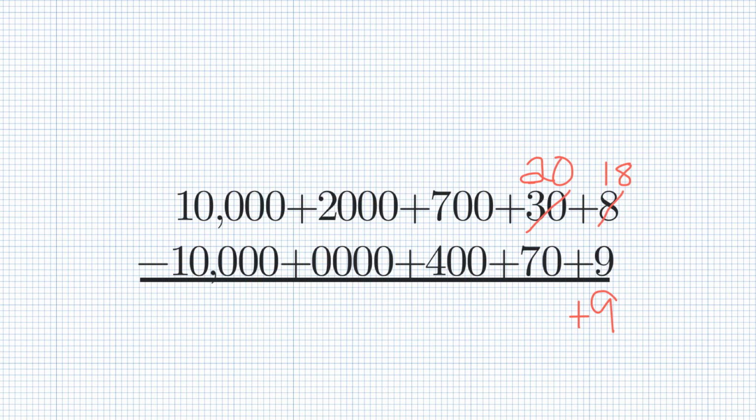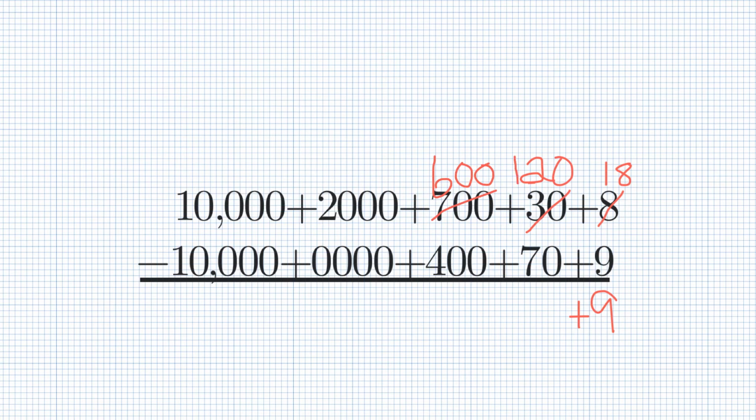We need to take one of our hundreds, just one. When we do that, that leaves only 6 left, 600 left. We take the 100 that we borrowed and add it to the tens place.